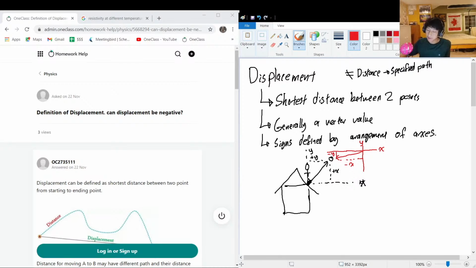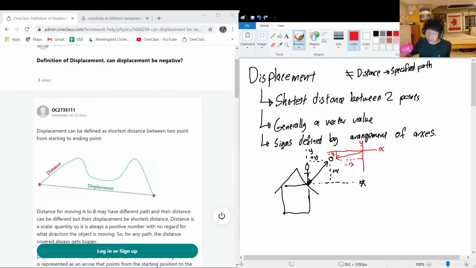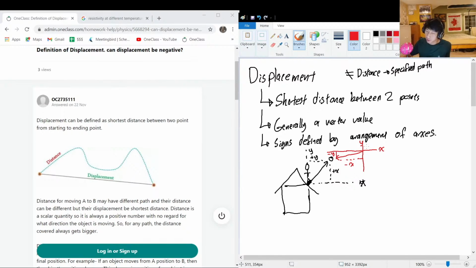So can it be negative? Yes, but what's more important than the sign of the displacement is how the displacement is defined and how the axes of your system are defined. Never be scared of a negative value. If it's the bird's point of view, a negative vertical displacement could still be above the ground.